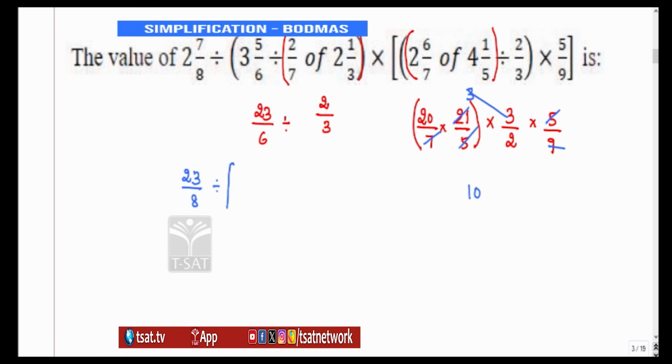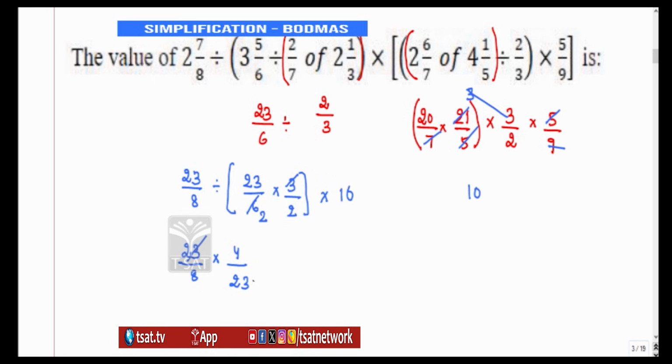divided by, you have 23 by 6 into 3 by 2. Then after into, this whole bracket is 10, so make it 10 here. So it's 23 by 8. If you simplify this, 23 by 4, it becomes 4 by 23.